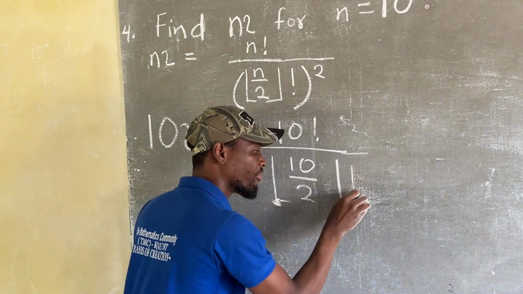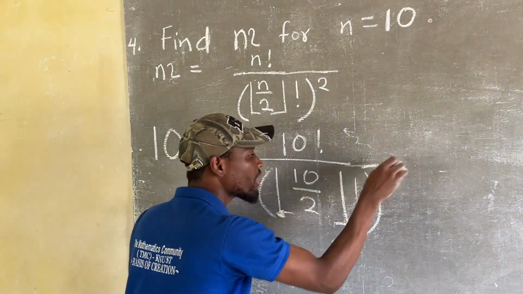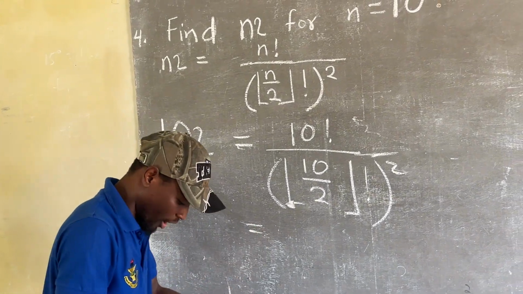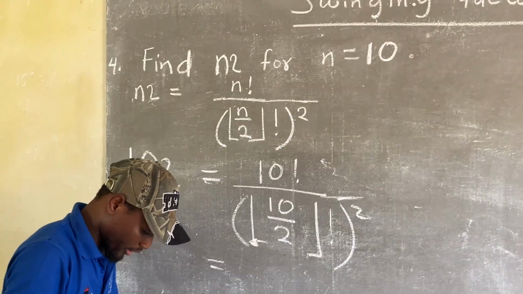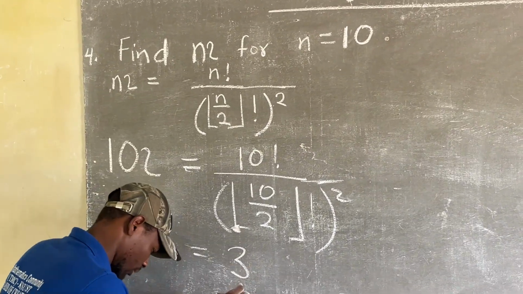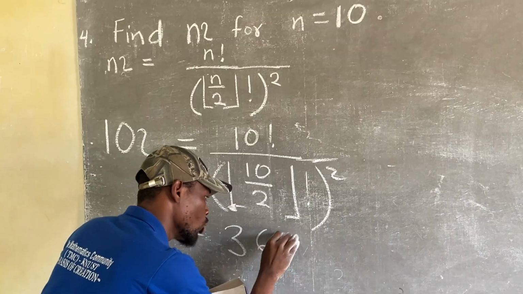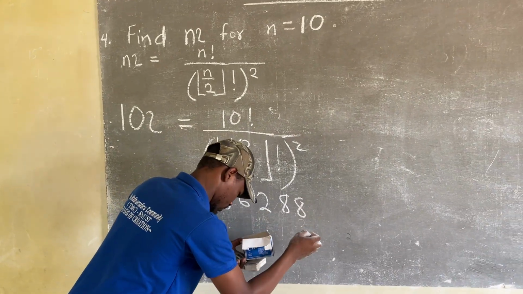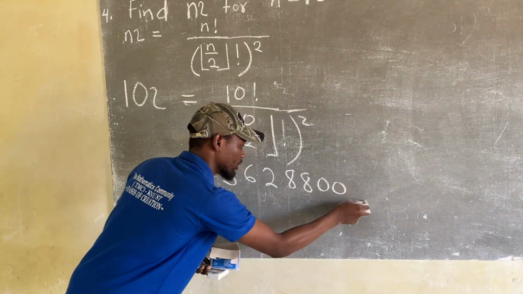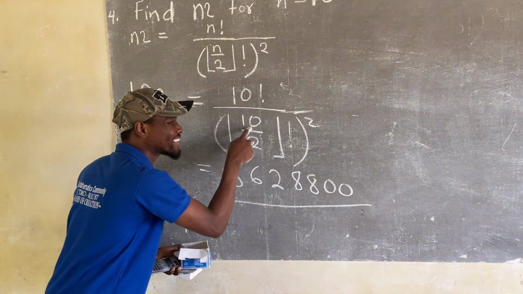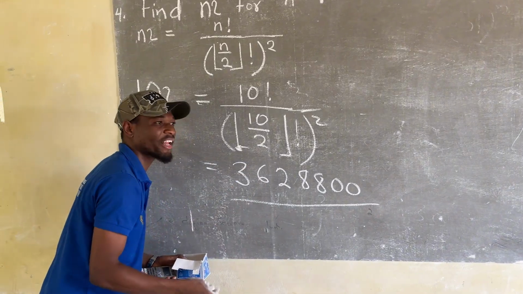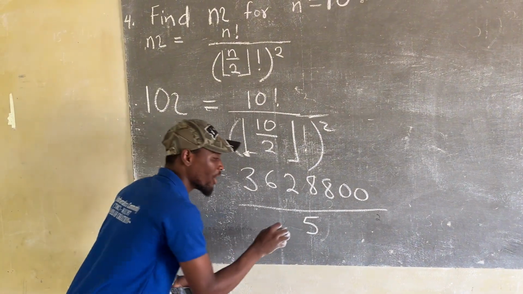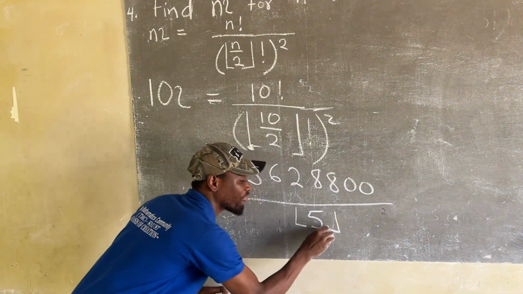Then we have factorial, then we square everything. 10 factorial is equal to 3628800. Now what is 10 over 2? 10 divided by 2 is equal to 5, and we are taking the floor of 5.